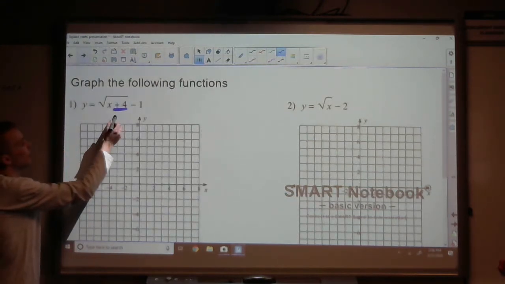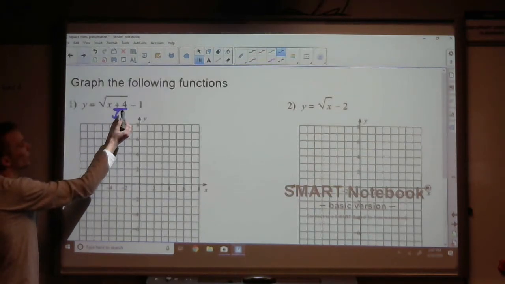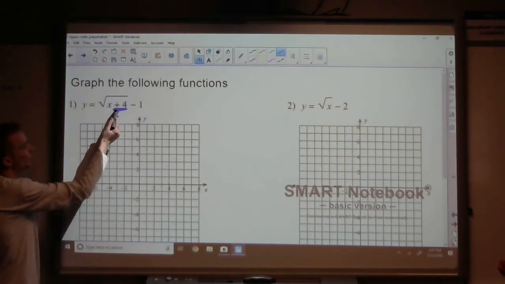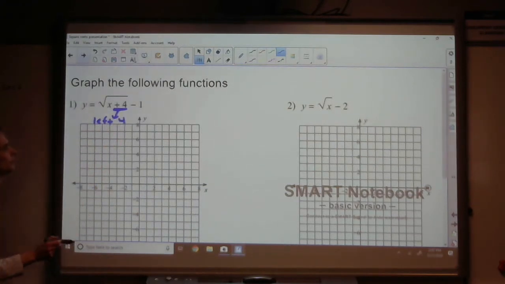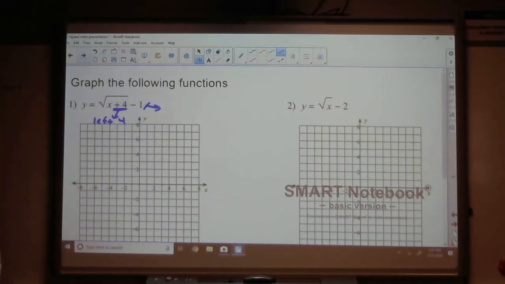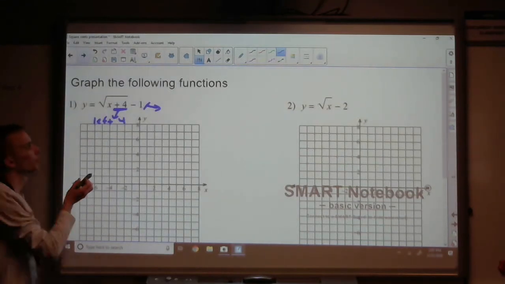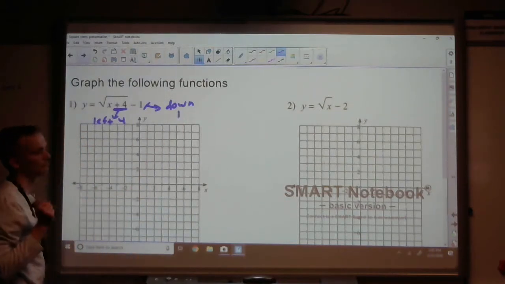Well, the plus 4, where it's next to the x, is going to do the opposite of what we would think it would do. Instead of moving us right 4, this moves us left 4. And the minus 1 on the outside does what we think it would do. We would go down 1.